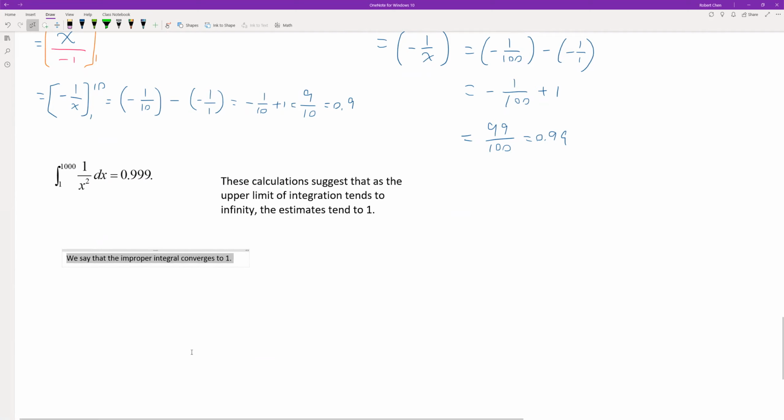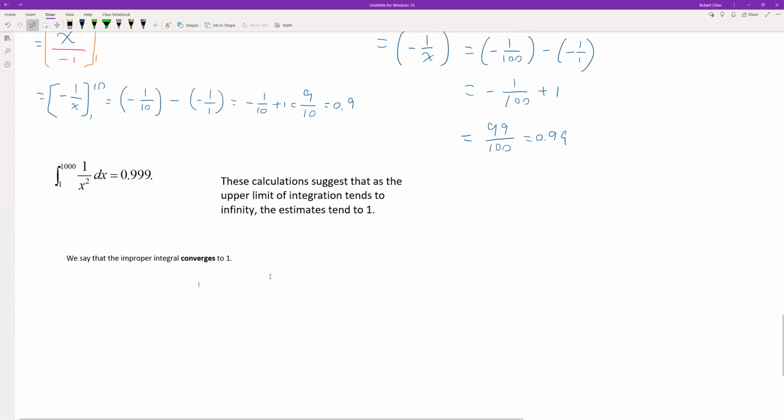Now this word converges is used a lot in Calc 2. If you are interested in changing your major to math, then that's one thing you will see a lot, talking about converging, convergence, or converge. But for now, we are not going to worry about it.